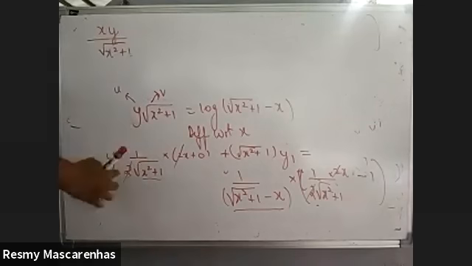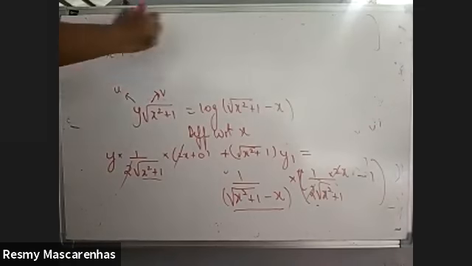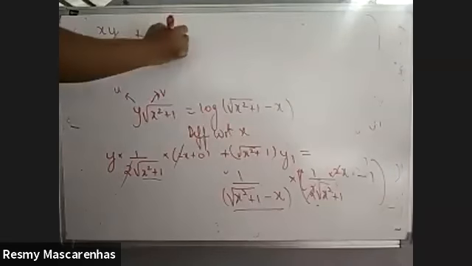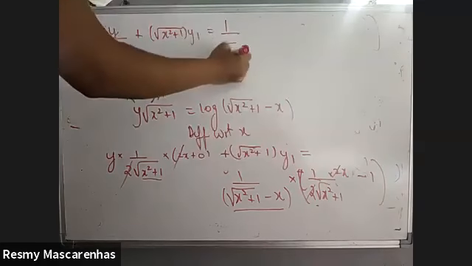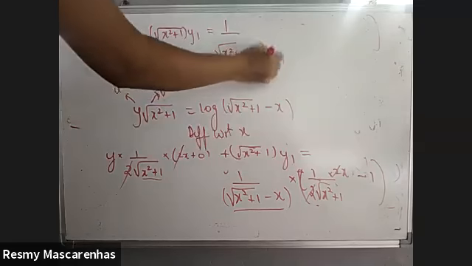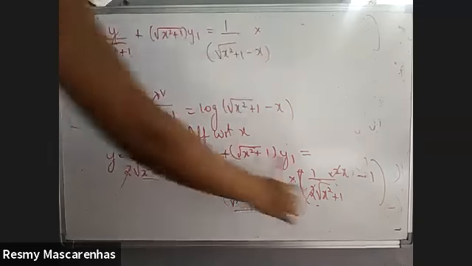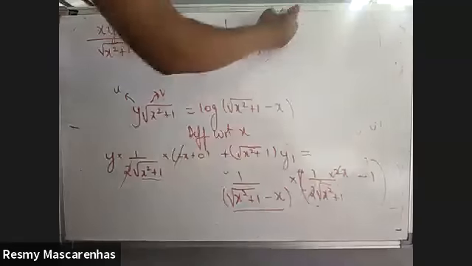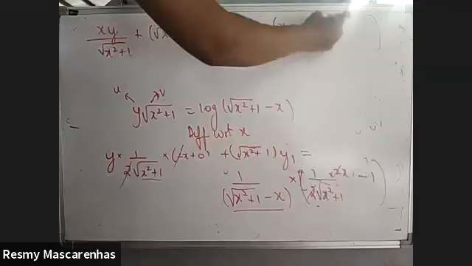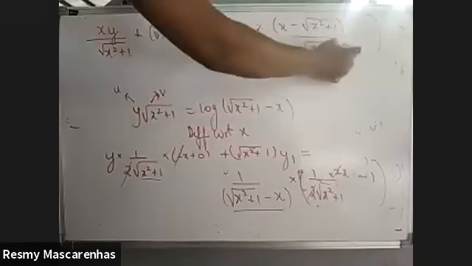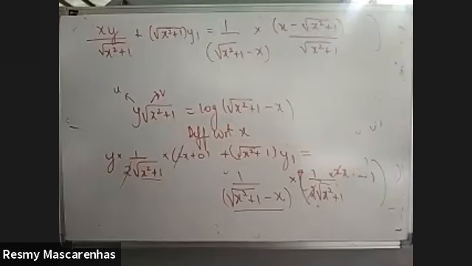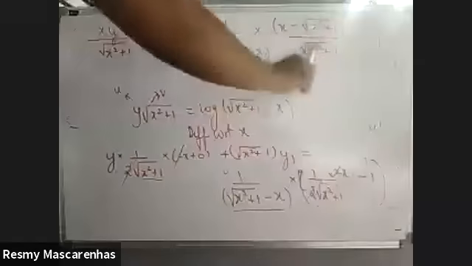Okay, so this is this term plus is equal to into cross multiply. So x minus. So you'll get like this. After cross multiplying this term, you will get like this.